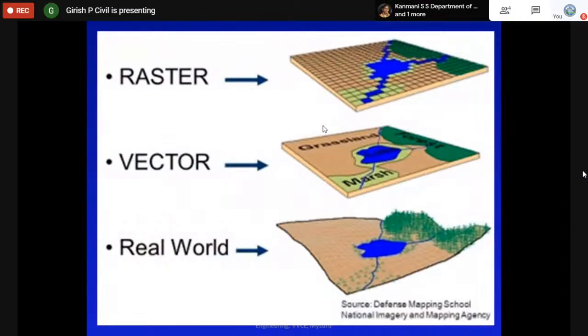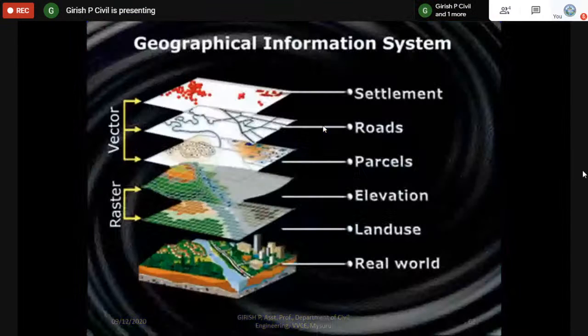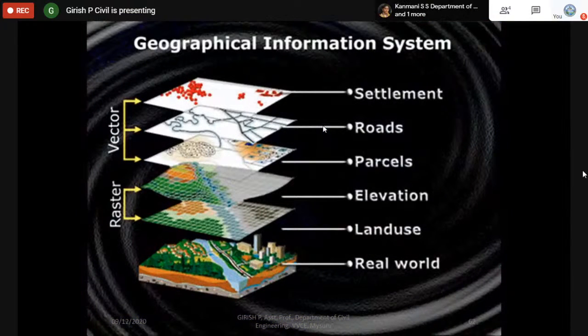By combining them, we get a real world picture. One advantage of raster and vector data is that initially we create the vector data layer by layer: road, parcel, elevation, land use, and settlements, everything is created in a layer. Then, overlaying all the created layers, we get a real world picture. At any time, based on the requirement, we can convert the data from vector to raster or raster to vector.